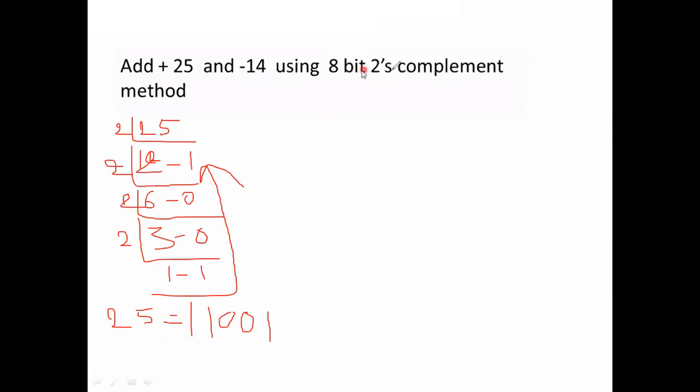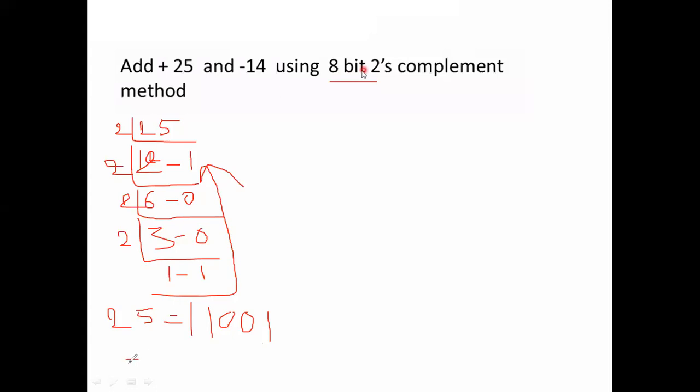Here in the problem we are using the 8-bit 2's complement method. That's why here we have only 5 bits. This will be converted into 8 bits, but the value is not changed.